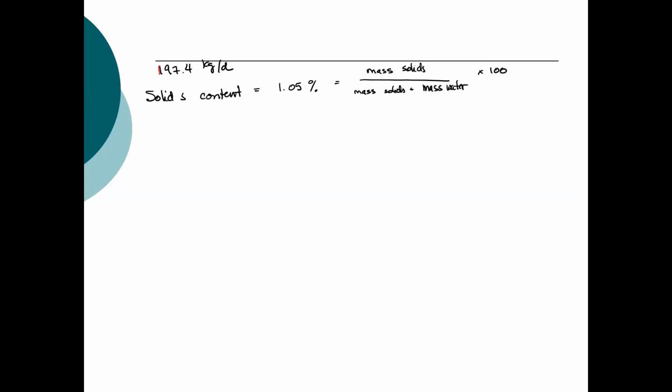Or we can write it as 0.0105, and then we just have the mass of the solids divided by, because we just don't have the 100, 197.4 divided by 197.4 plus the mass of the water.